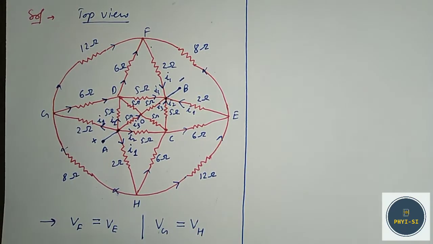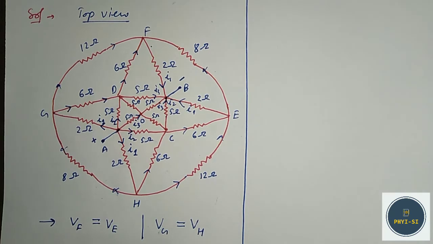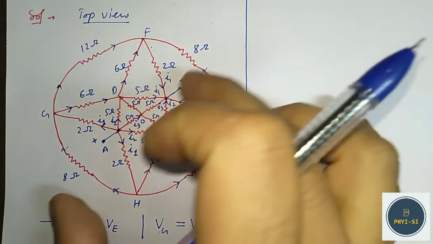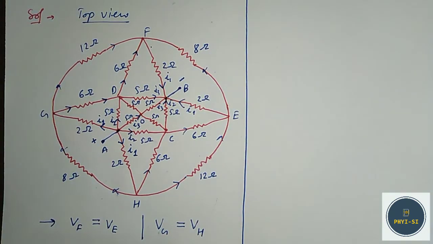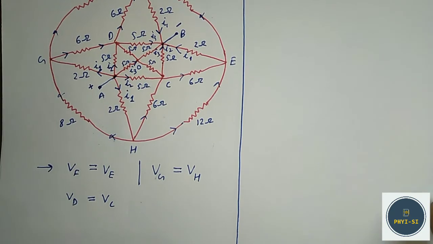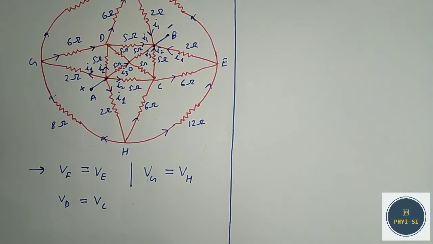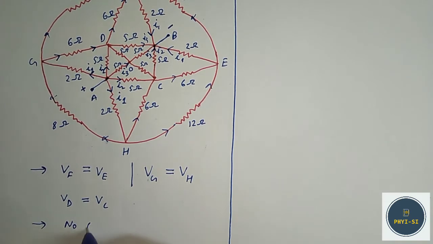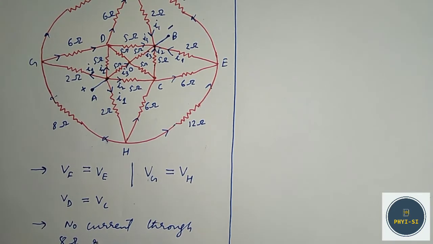So current can be in the 12 ohm resistor, but it cannot be in the 8 ohm resistor. So no current through the 8 ohm resistors.